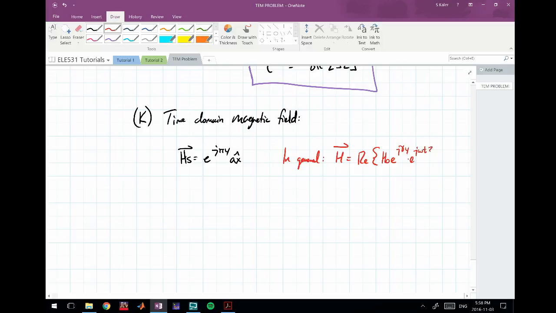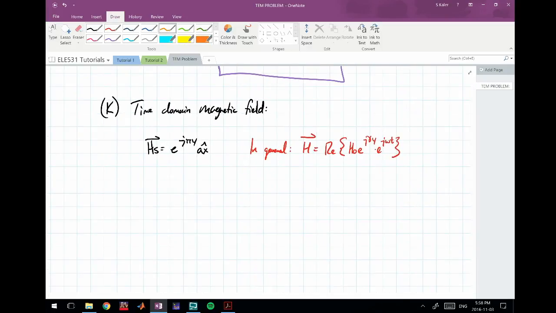And if you recall, in our definitions, we always suppress this term here whenever we're doing our frequency domain calculations, because it's assumed that it's all with the constant frequency, and so we don't really need to carry that term all the time.